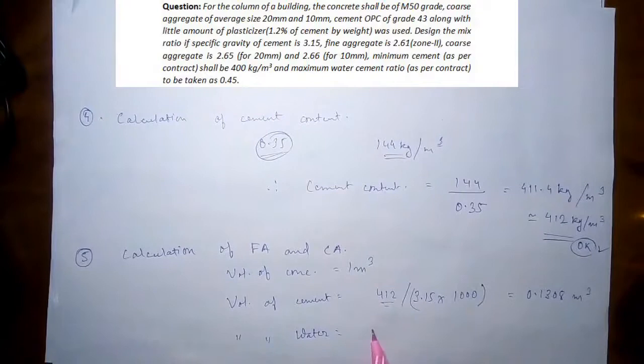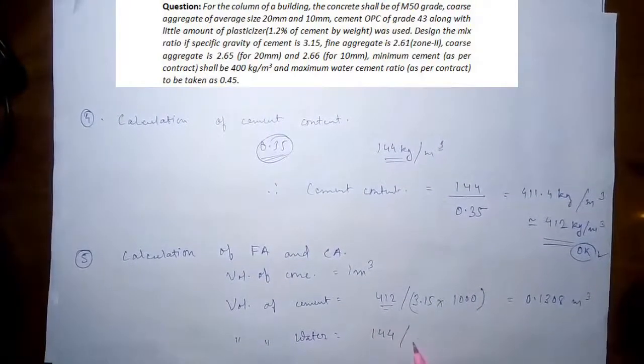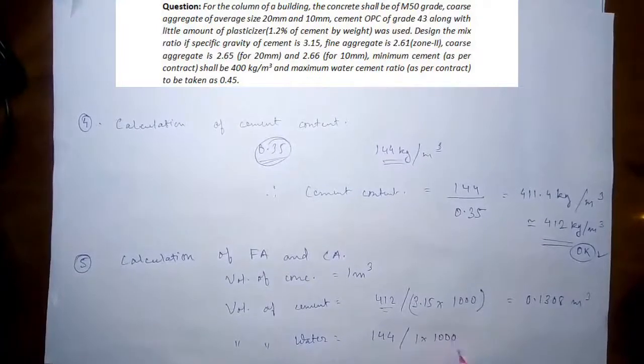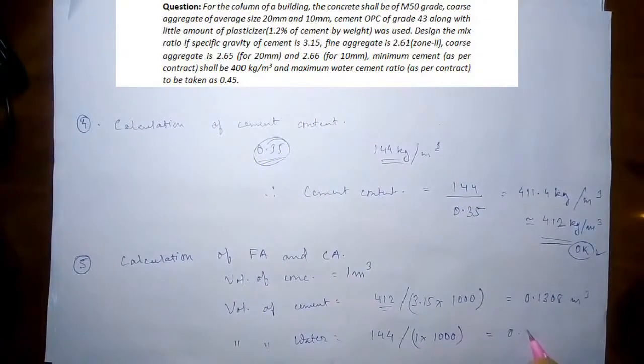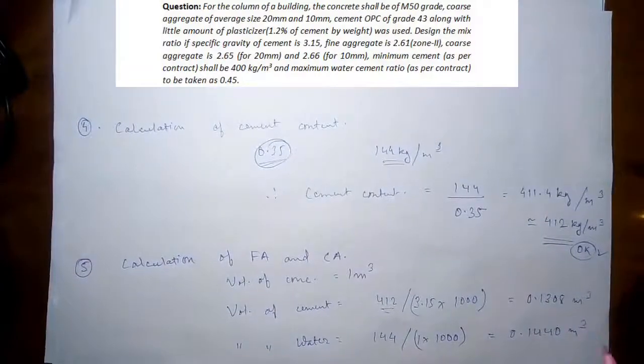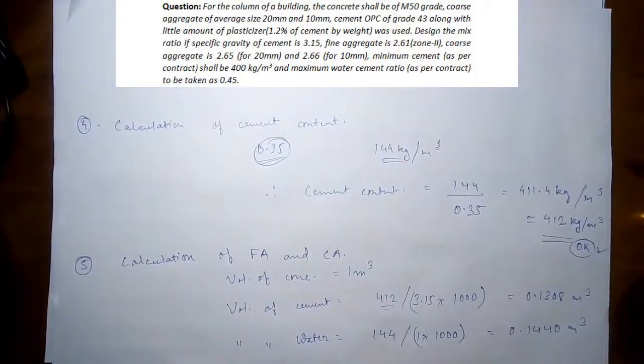So it is 144 divided by 1 times 1000, as you know the specific gravity of water is 1. So the volume of water is 0.1440 meter cube.